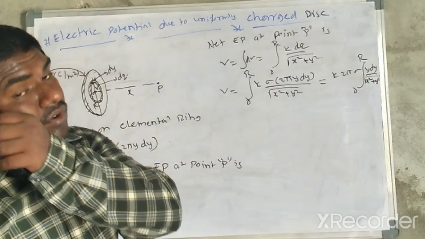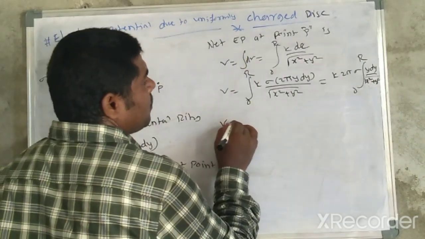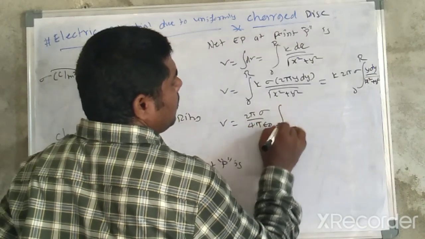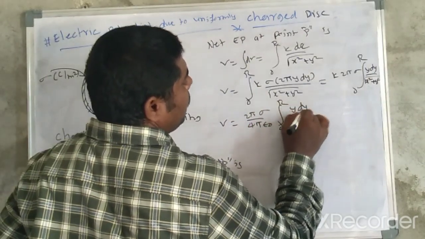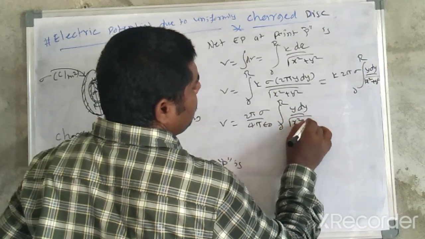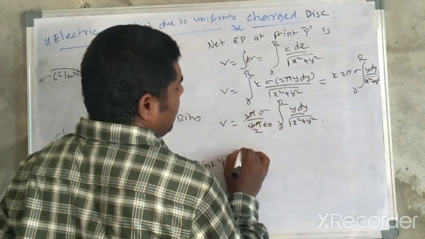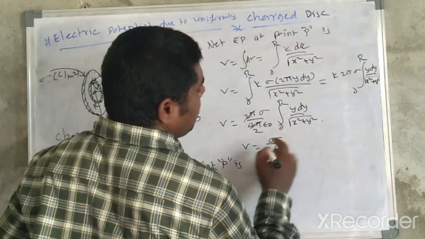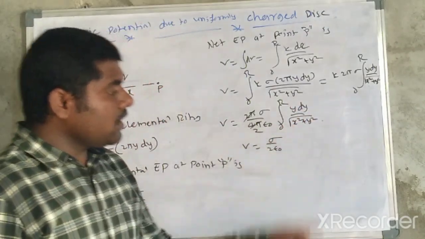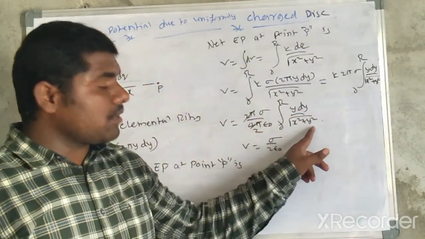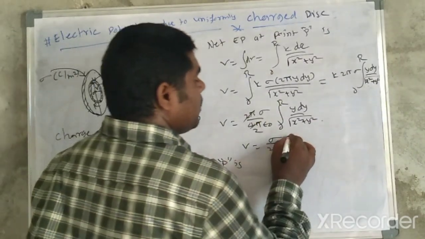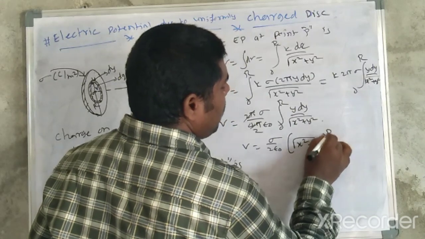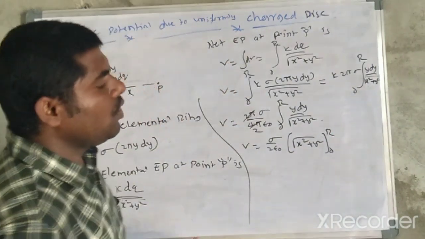K is 1 by 4 pi epsilon naught. So V is equal to 2 pi sigma by 4 pi epsilon naught integral 0 to r of y dy by under root of x square plus y square. The 2 pi cancels, so V is equal to sigma by 2 epsilon naught integral of y dy by under root of x square plus y square, from 0 to r, higher limit minus lower limit.